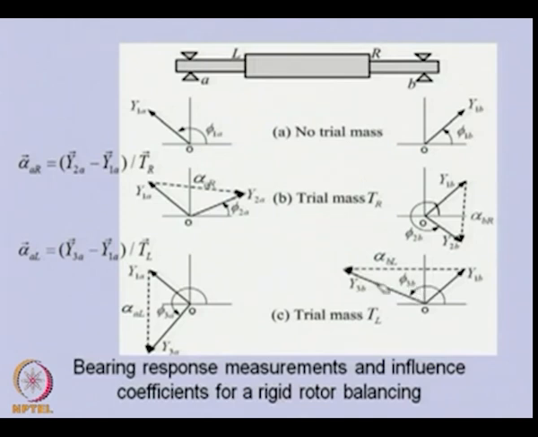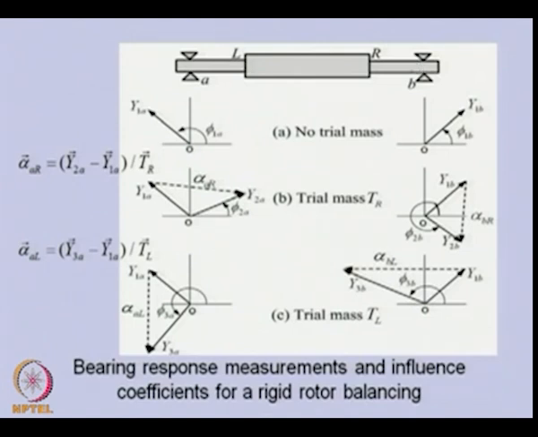Again, the difference of these vectors gives the effect of the trial mass in the left plane onto the measurement in plane A, and similarly onto the vibration at the B plane.